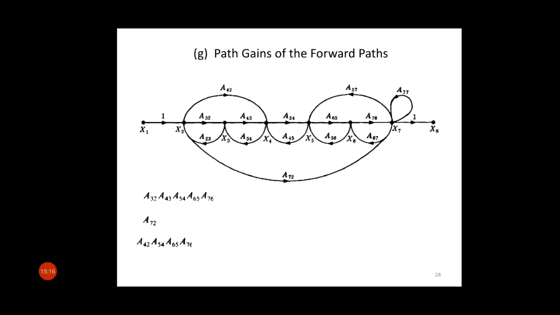And the third forward path gain is A42 times A54 times A65 times A76.